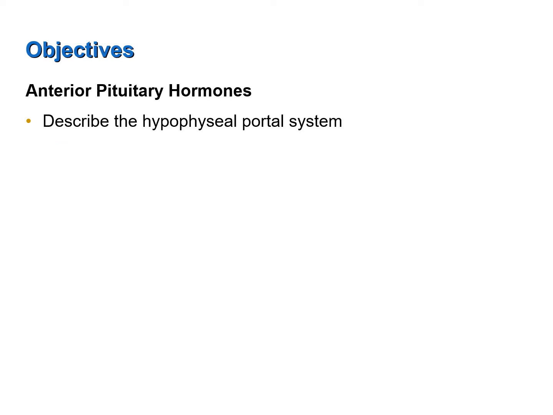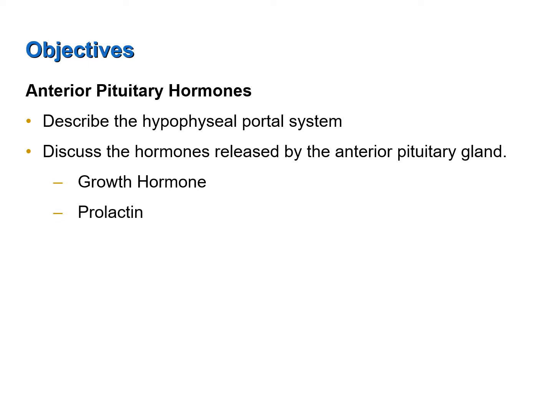In this screencast, you will achieve the following objectives: describe the hypophyseal portal system, and then we will discuss two hormones released by the anterior pituitary gland, growth hormone and prolactin.